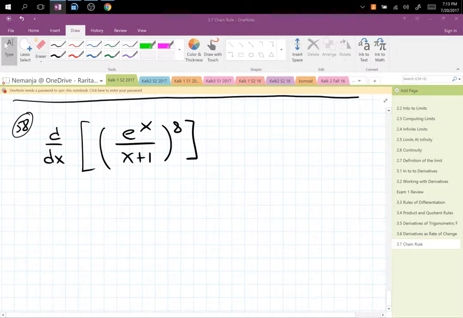A quotient rule, exactly. Now, which one is the main method? Is the quotient rule main method or the chain rule main method? Chain rule is the main, and quotient is built in. Now, previous, what was the main method? Product or chain? Product, right? So this time, chain is the main.